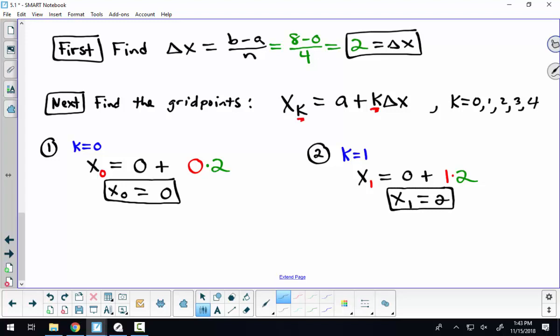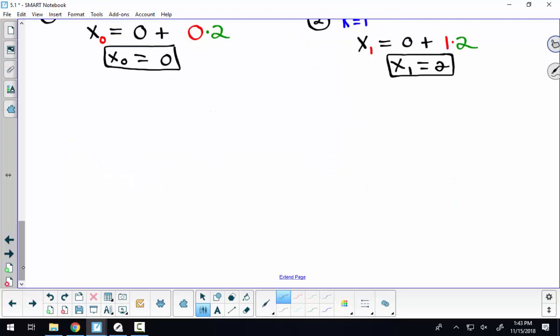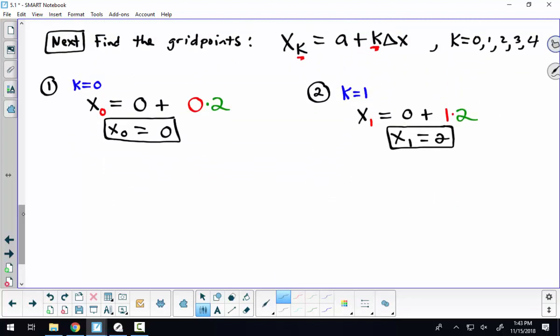So x sub 1 is equal to 2. And that's fitting in with what we had when we took the squared function from 0 to 8, and we said divide that into 4 rectangles. This first rectangle was from 0 to 2, right? And then the next one was from 2 to 4, and so forth. So those are the numbers that we're going to get out of doing all of this.